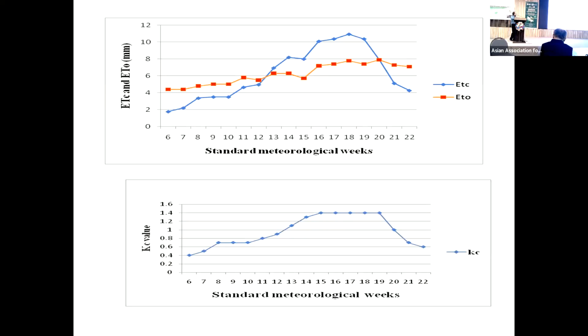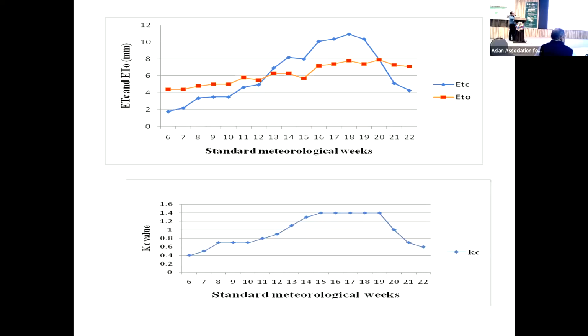This is as per the standard meteorological weeks. From the data logger, the data is collected, and accordingly the week-wise crop coefficients are drawn in the graph below. Also, the crop coefficients and the reference evapotranspiration show that during the 14th, 15th and 16th meteorological weeks, it goes to peak.